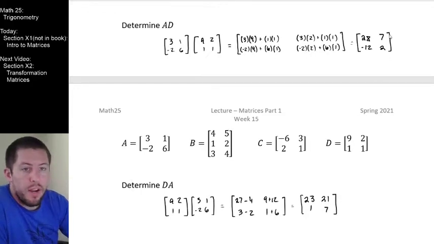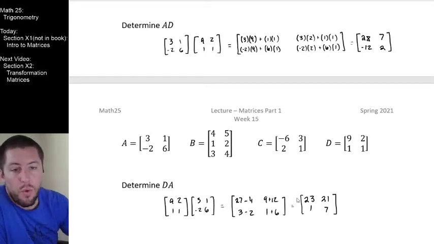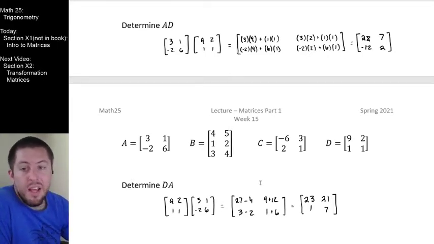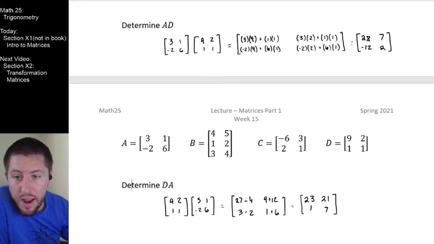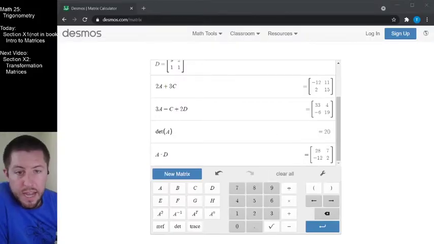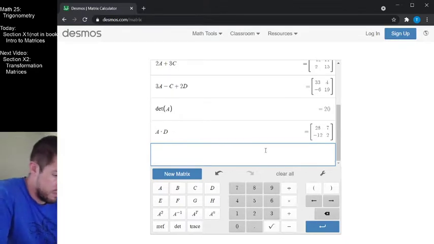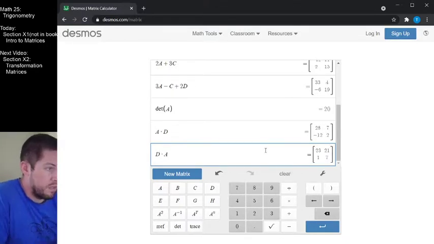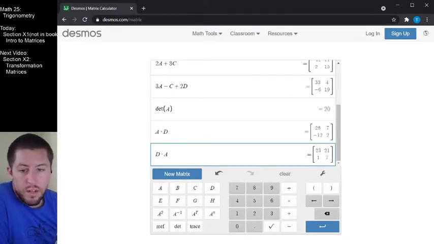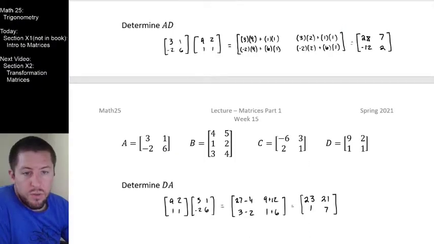You should be comparing it to the answer that we got a minute ago and seeing we didn't get anything close to what we got in our previous computation. Let's verify that we did our math right in Desmos and do D times A over here. 23, 21, 1, 7. It's exactly what we got right here.